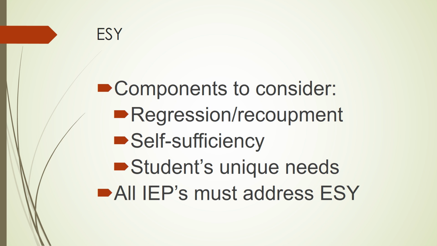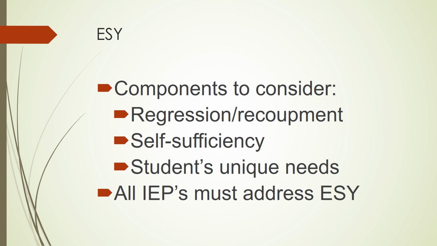Other components to consider. We have to decide, is there regression or recoupment issues? So the team has to talk about, will there be significant regression over time? You might not know that exactly, but you need to have that conversation.